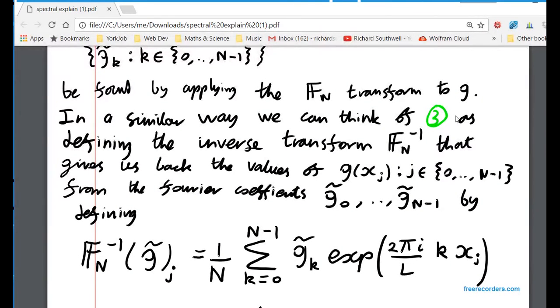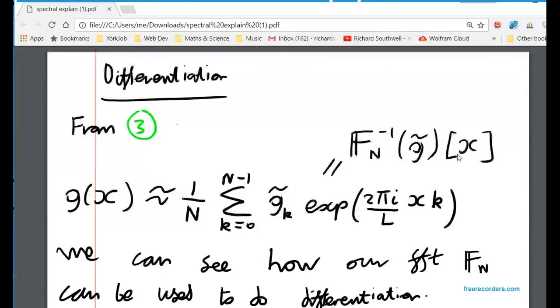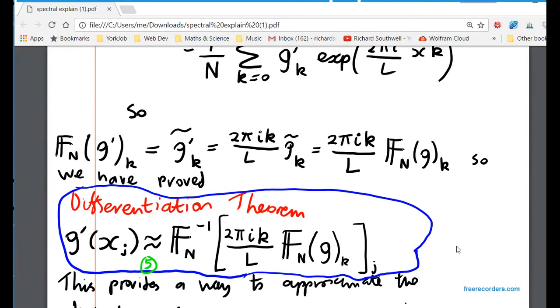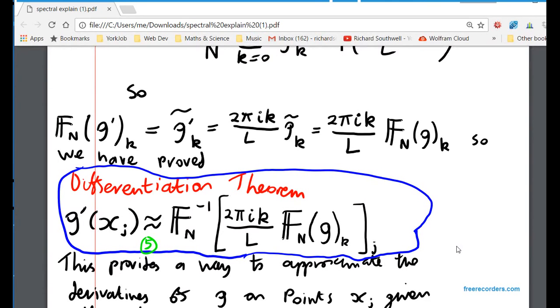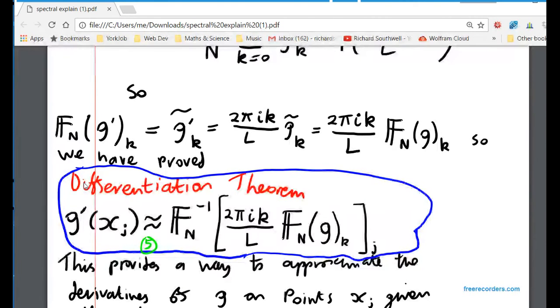So the crucial thing here is that there is a fast way to do this spectral differentiation, and this fast way is given by this differentiation theorem. What it's saying is that, say we want to work out g dash of xj, the derivative of g at xj.